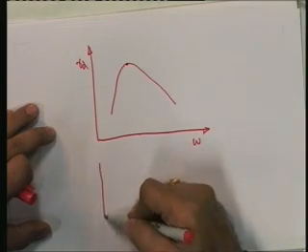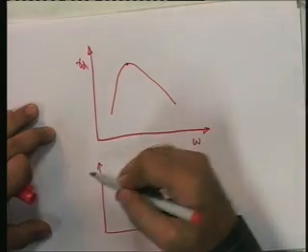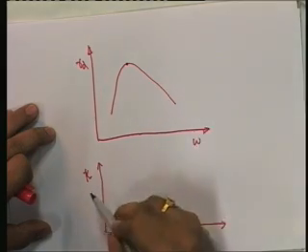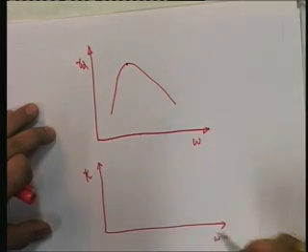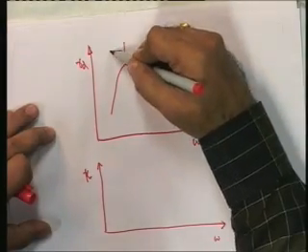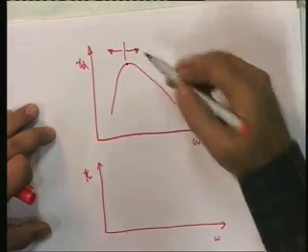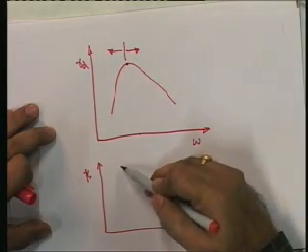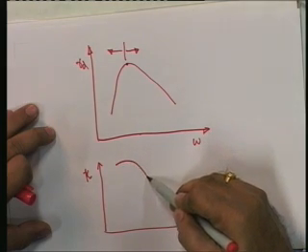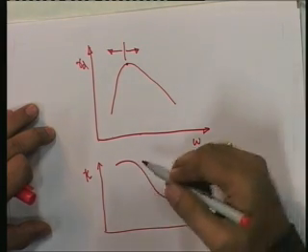If you plot the permeability value, K, which is in meter per second, against water content, this side is the dry side of optimum and this is the wet side of optimum. Here on the dry side of optimum, the soil can have high permeability, and the permeability value decreases for a given typical soil.